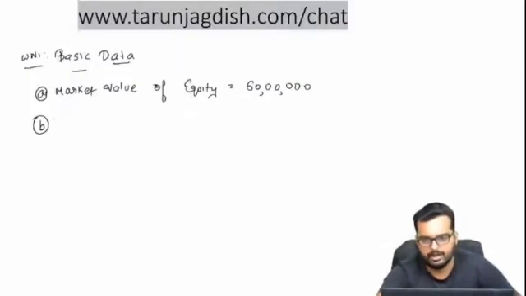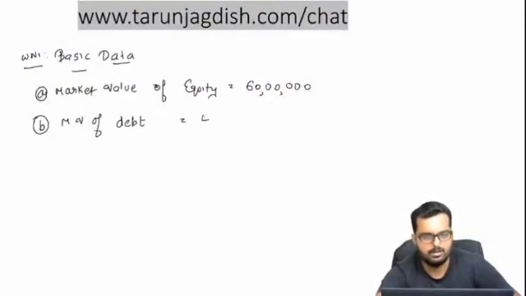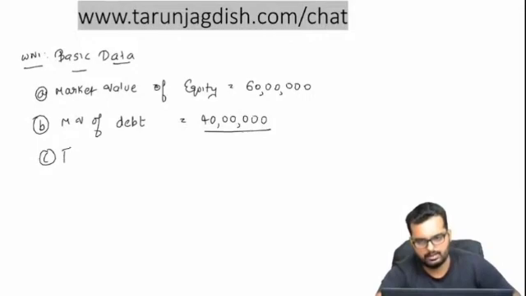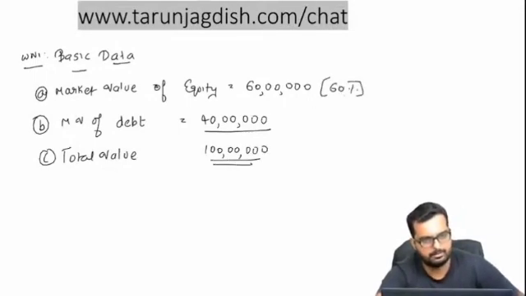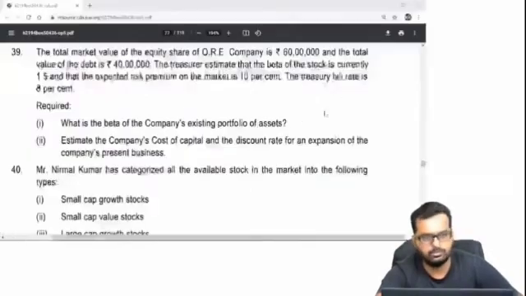Point number B, market value of debt, turns out to be 40 lakhs. Total value turns out to be how much? 100 lakhs. So this is basically 60%, and this one turns out to be 40%.